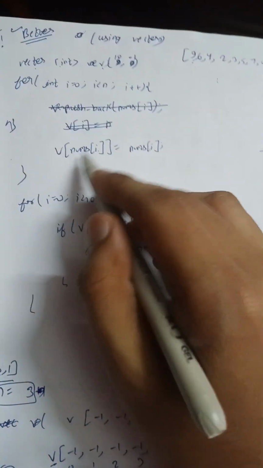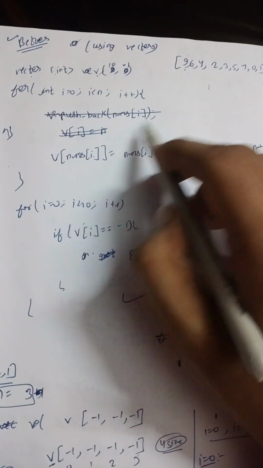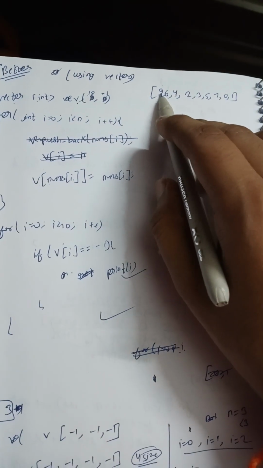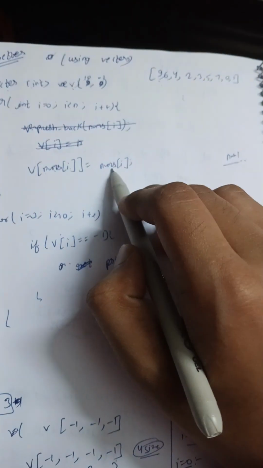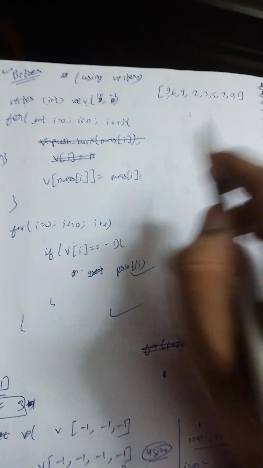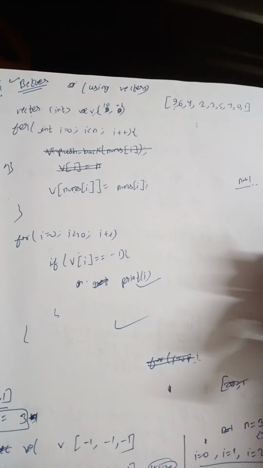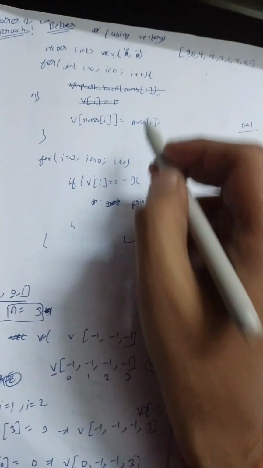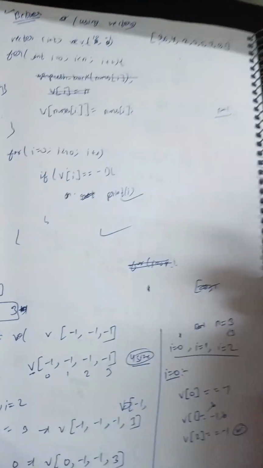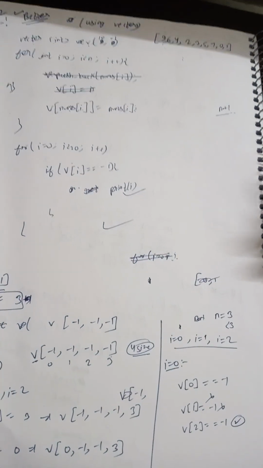If i equal to 0 and nums of i is 9, then v of 9 is equal to nums of i, so at the ninth index we put 9 only. Like that we create our whole array. Then we check whether any index has the value minus 1. If yes, then that index is our missing number.